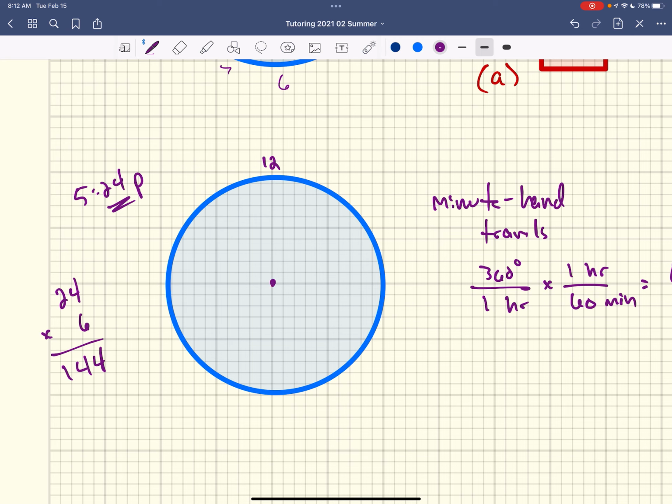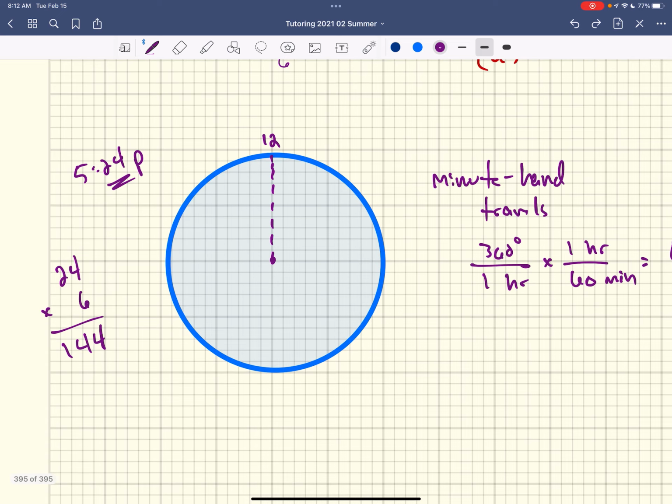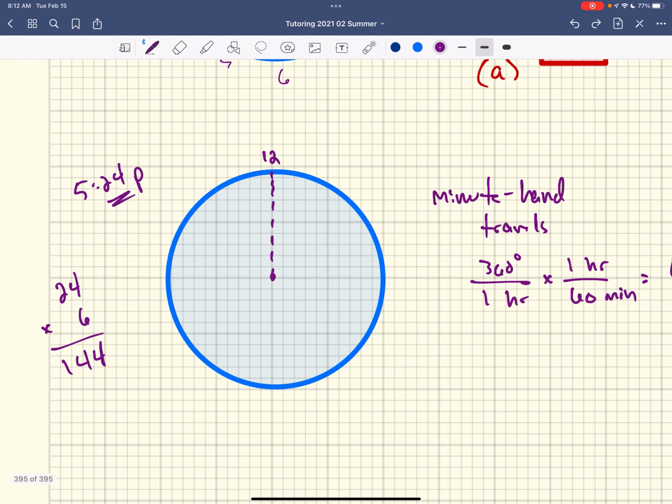If this is where we're starting, then our minute hand will have gone almost this 150 degrees, but not quite, right?